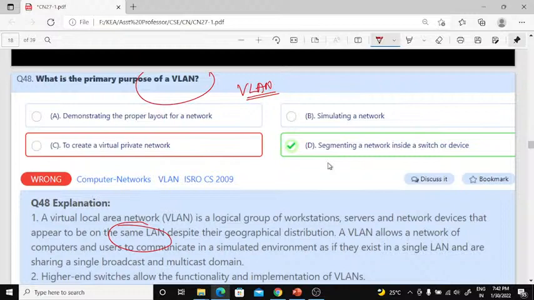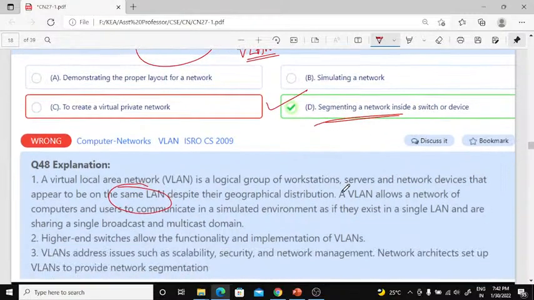So the primary purpose of a virtual local area network is segmenting a network inside a switch or device.